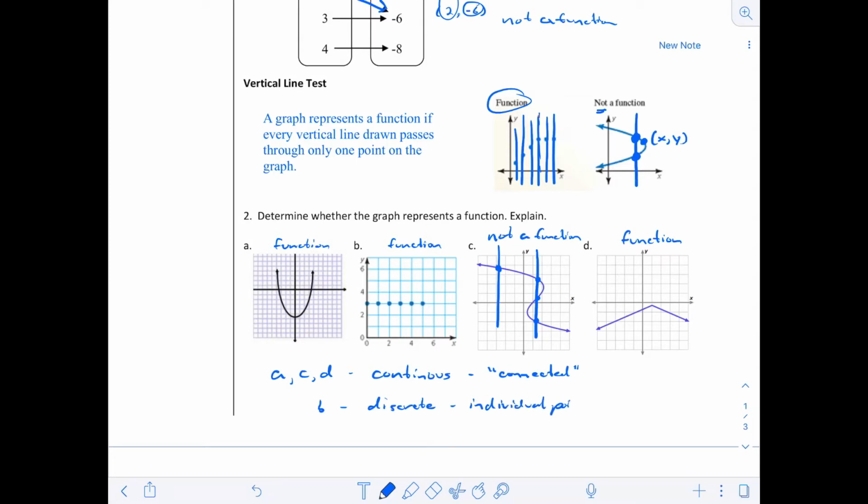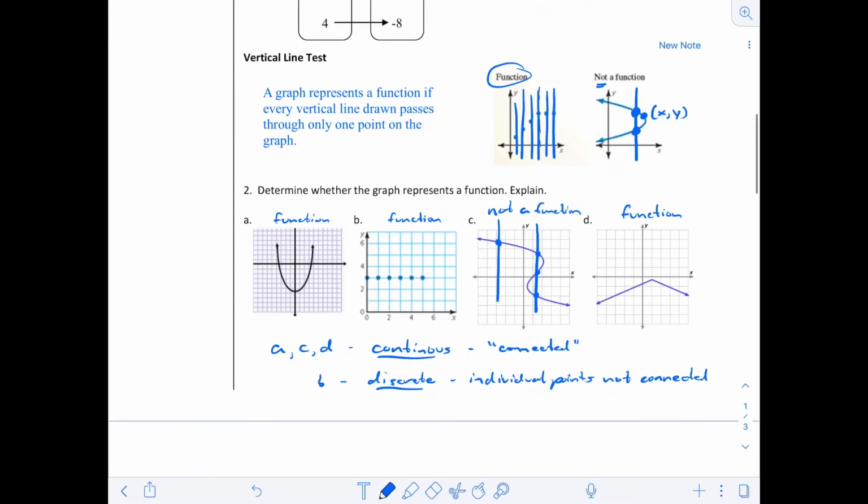In other words, if you want to think of it another way, a continuous graph is one where I can put my pencil down and draw the entire graph without ever lifting my pencil off the paper. In a discrete graph, I would have to take my pencil off the paper in order to go to the next point and the next point and so on and so forth. So just be aware that we have different names for these types of graphs, continuous and discrete.